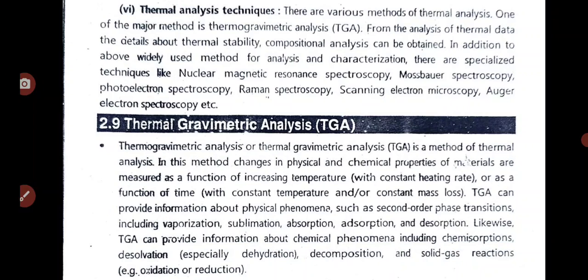Now a new point starts here: what is meant by thermogravimetric analysis, that is TGA. This is a very useful characterization technique. TGA is a method of thermal analysis in which changes in the physical as well as chemical properties of the material are measured as a function of increasing temperature.